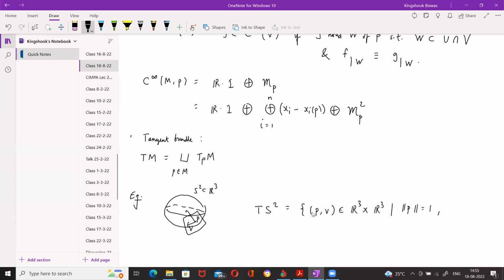And V is perpendicular to P. Okay. Does this make sense?